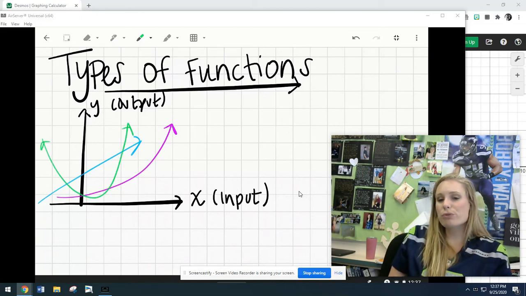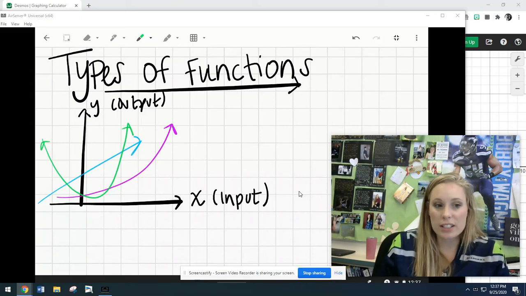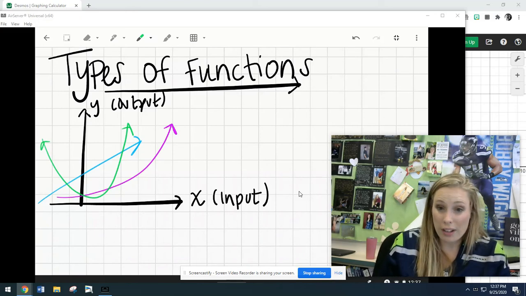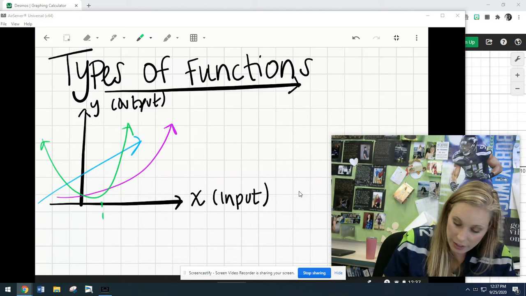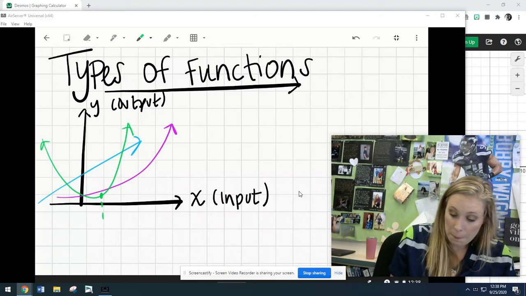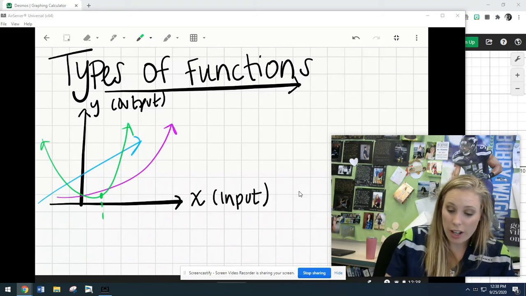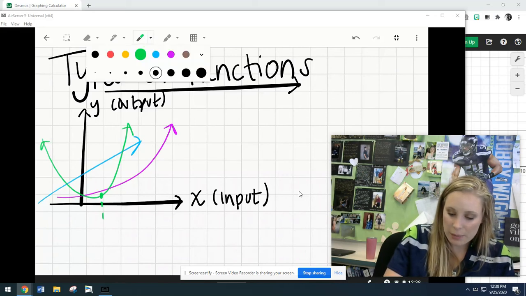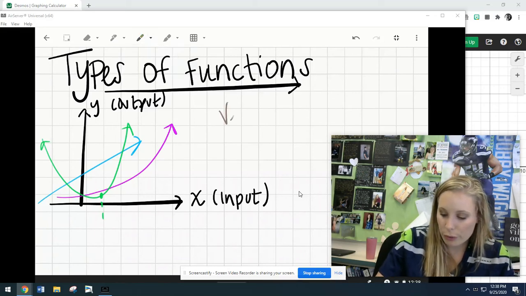And any one of those are functions because as you look at the x values, there is only one y value. So right here at this x value, there is only one y value. You will not see a different y value at that time. So that's what makes it a function. A quick and easy way to tell if something is a function is something called the vertical line test.